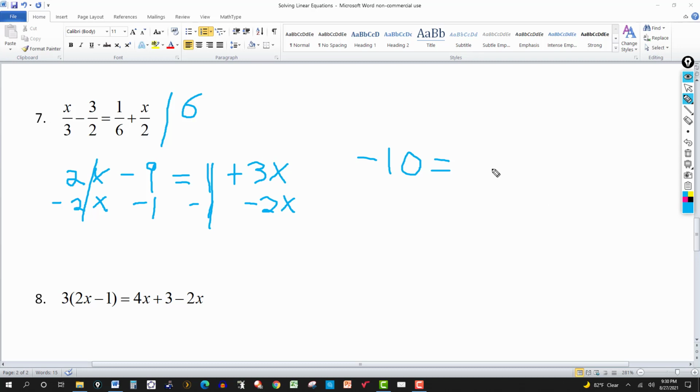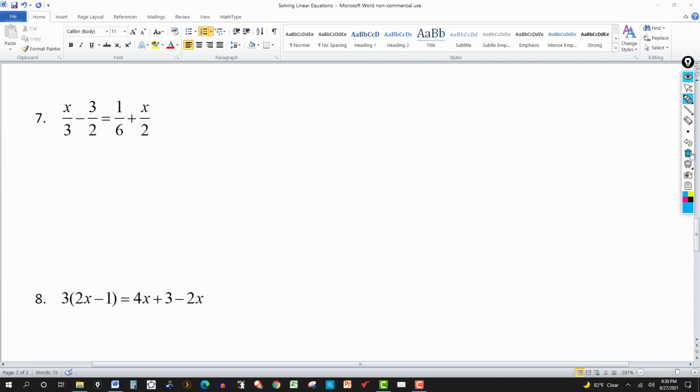I get 1x or just x. So x is equal to -10. And you can check your answers. It's a little bit harder to check it here because you have fractions. But yeah, this one will check. Let's clear this. And let's go to the last one here.